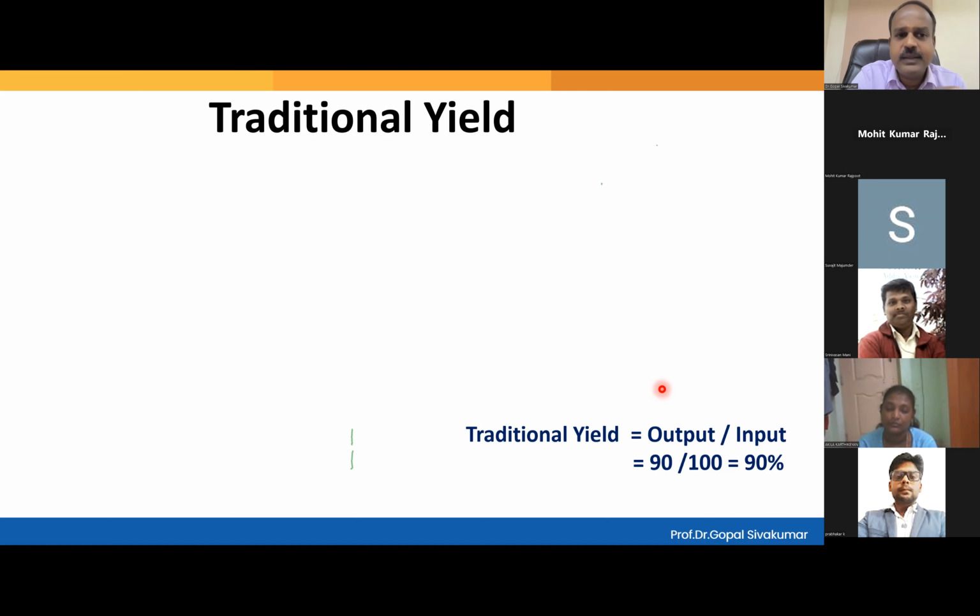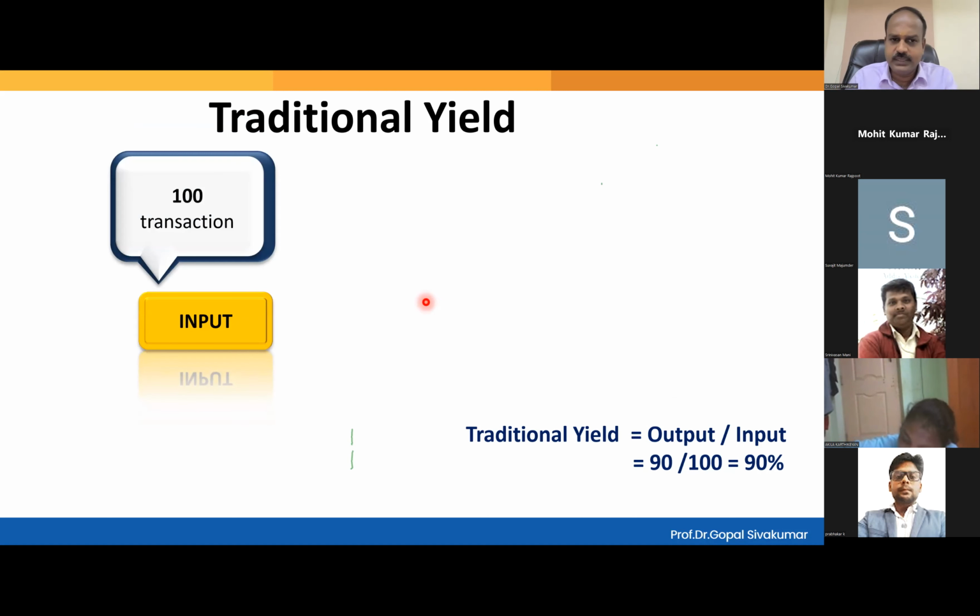Now what is your yield? 90%. Will you be able to calculate this yield in your process? You should know what is success and what is failure. That's all. The definition for success and failure should be very clear so that you can calculate yield, which is known as traditional yield.